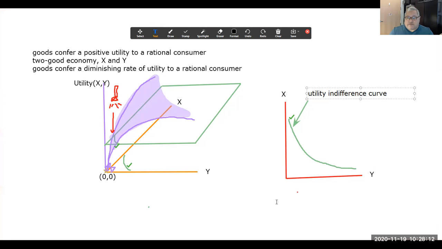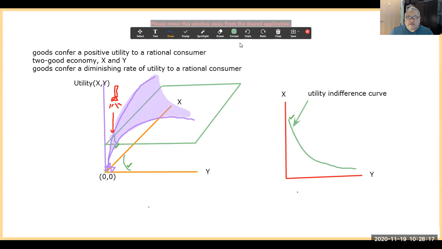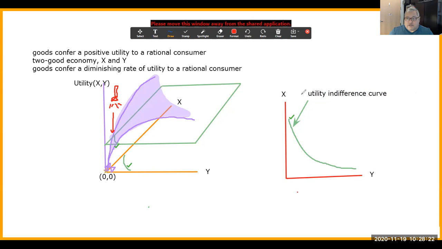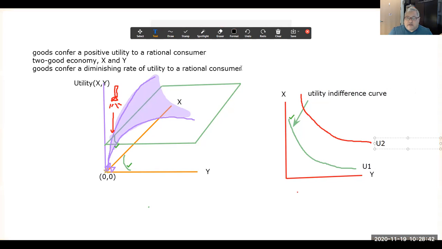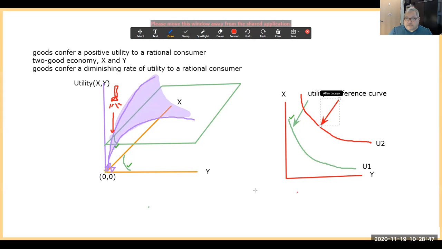And just like I drew that utility indifference curve, I could imagine the trace of a higher level of utility, and that would be a trace that would occur at a place where you have more utility. So I'm going to call the first utility curve U1, and the second one I'll call U2. And U2, the points on the red indifference curve are points that offer the individual higher levels of utility.